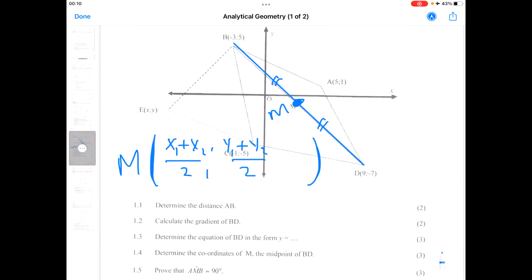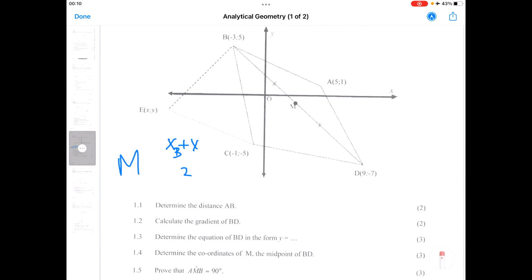Obviously, x1 could be the x value at B, and then the x value at D. You do the same there, the y value at B, the y value at D. That's how you calculate the coordinates of M being the midpoint of BD. So I think that also was a straightforward question. So very quickly, let's move on to the next question.